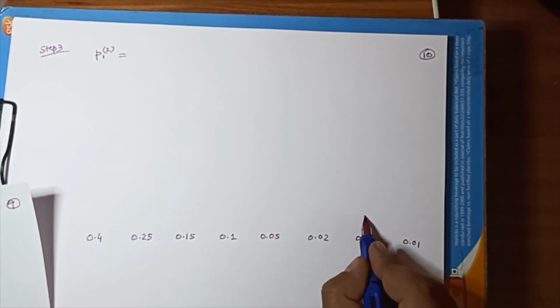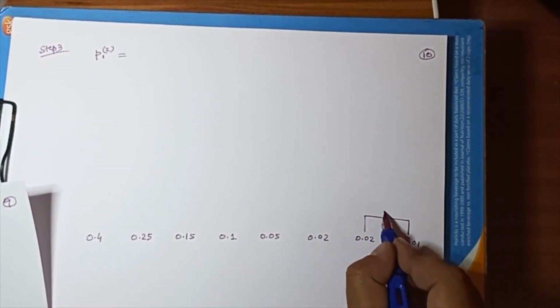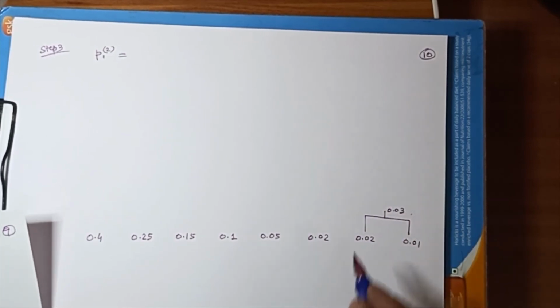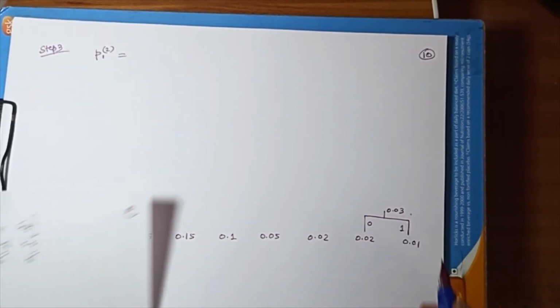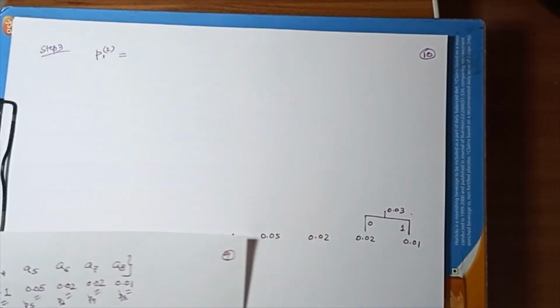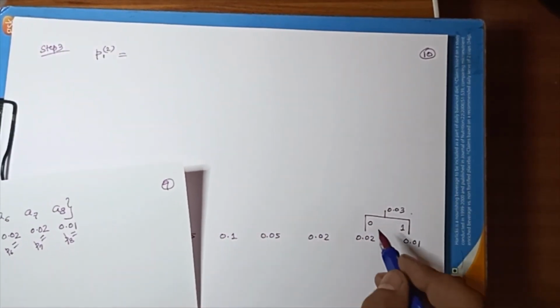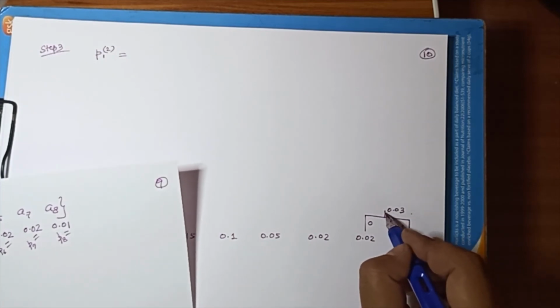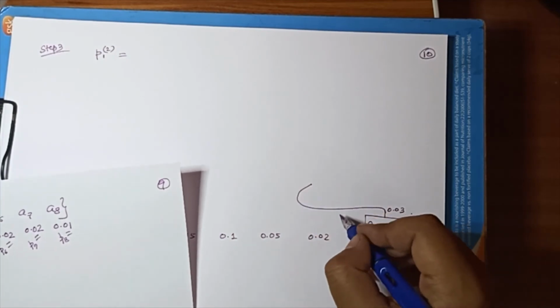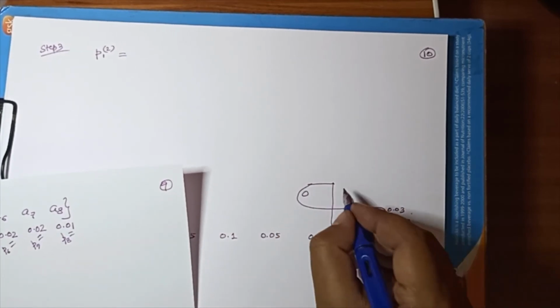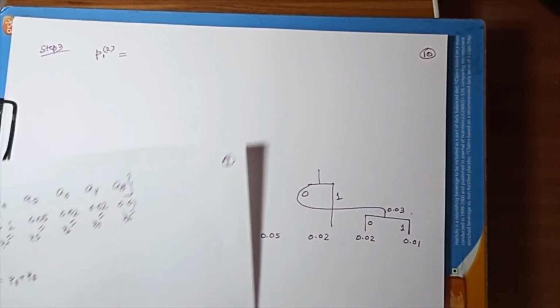I can combine these two to give you the next value, which is 0.03. Okay. So here this is 0 and this is 1. That is this combination basically. Now this will come before, prior to that. So I can take it this side, and these two I can combine now. So here I am giving 0 and here I am giving 1. So that will be my next step.